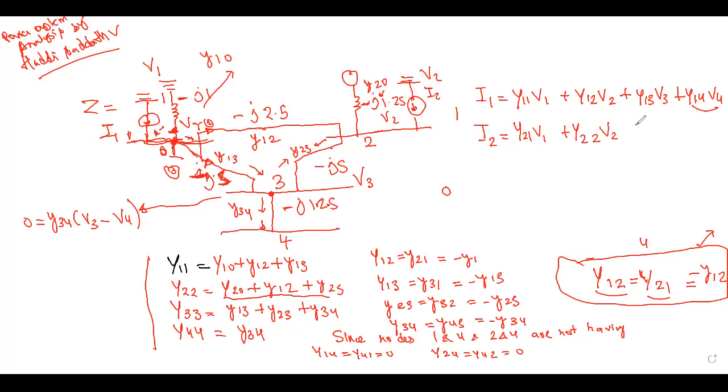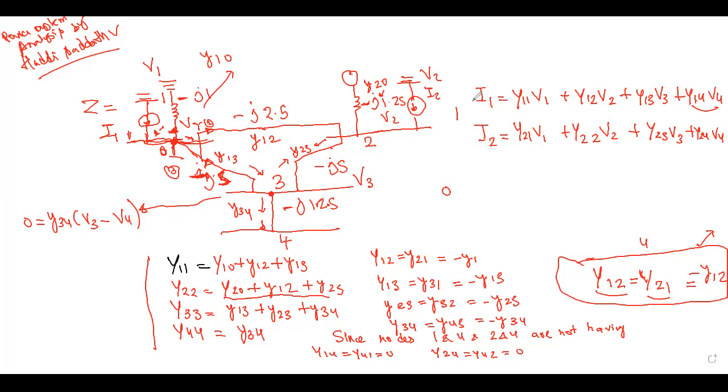And in the third term, you got Y23 V3, right? If you look at the terms associated with V3, it is Y23 V3. Similarly for this term it would be Y24 V4, which is 0, which is okay.